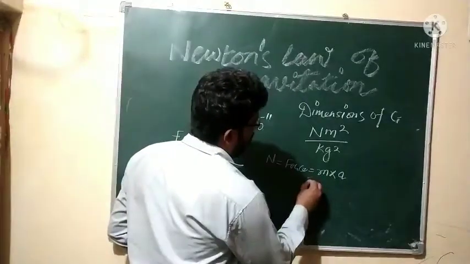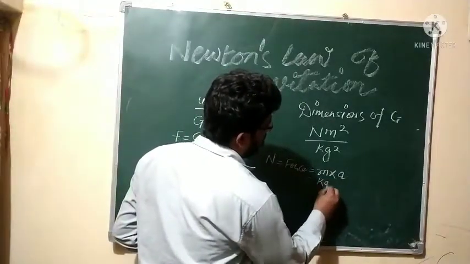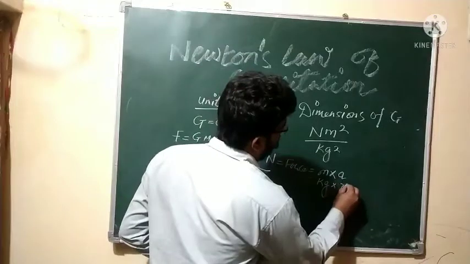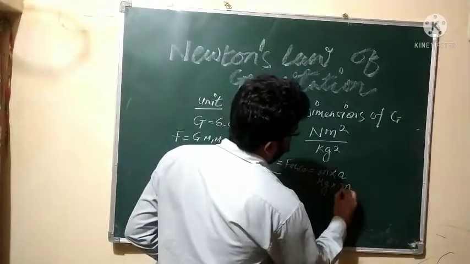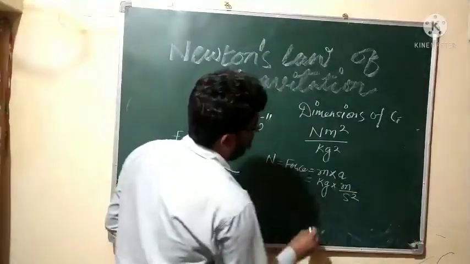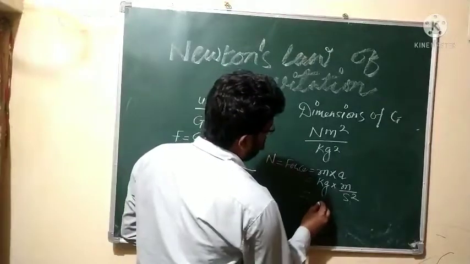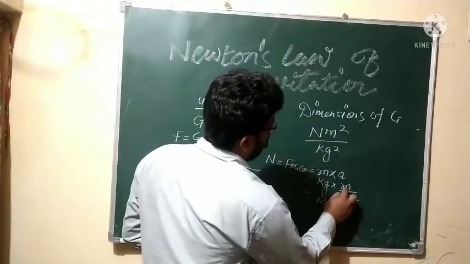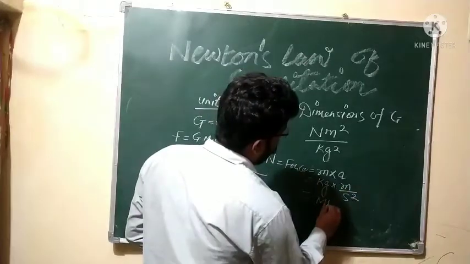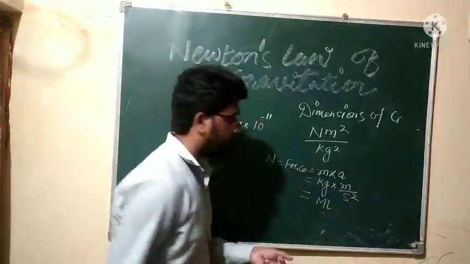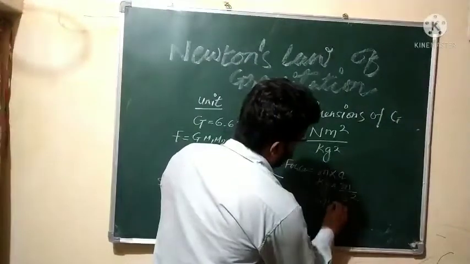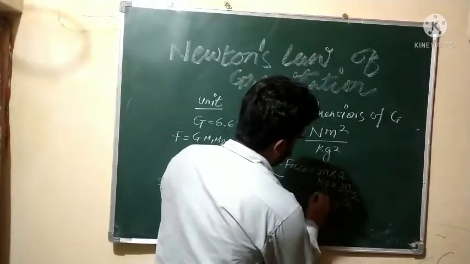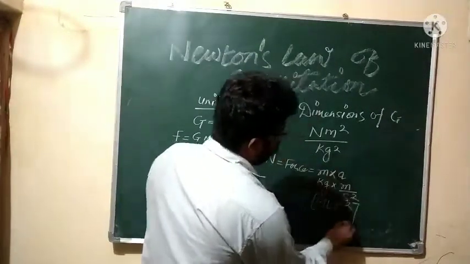So mass is written in kg and acceleration is meter divided by second square. So kg is written as M, and here meter is length, so it is written as L, and here second square, so we write T to the power minus 2.